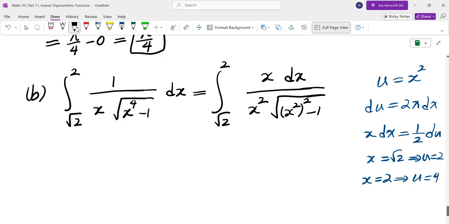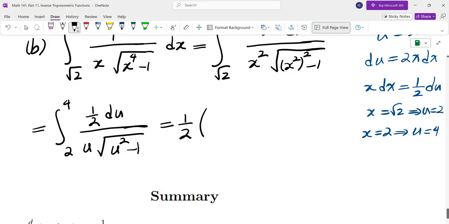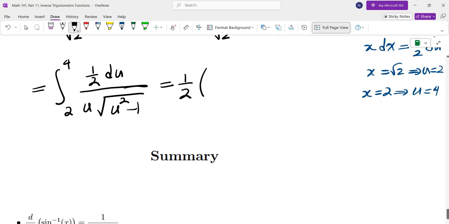So we can write this down as the integral from 2 to 4. x dx is 1/2 du over u root u squared minus 1. So this is 1/2. We can take out 1/2, and we know that 1 over u times root u squared minus 1 is the derivative of secant inverse.